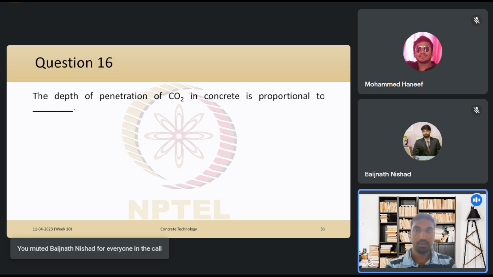Okay, the hint is it is a mathematical function of the time elapsed, or the time it is exposed. So how is it related to the depth of penetration?